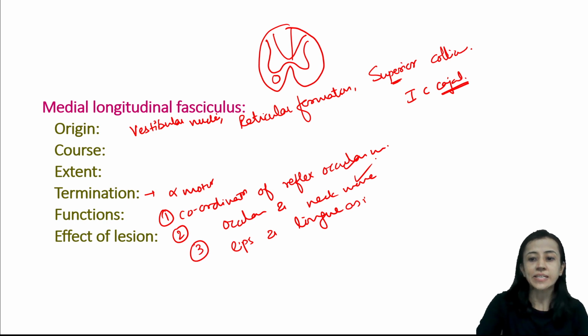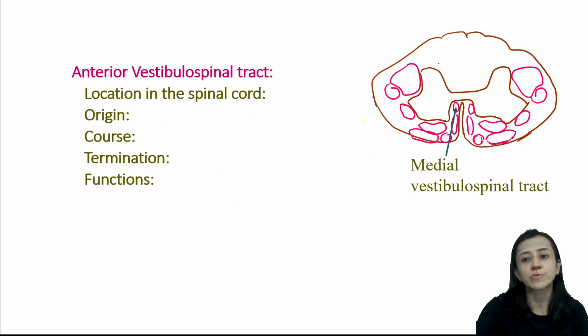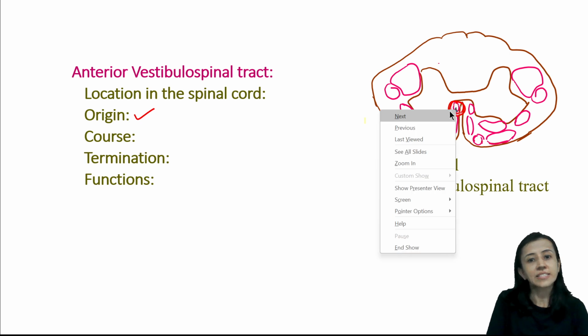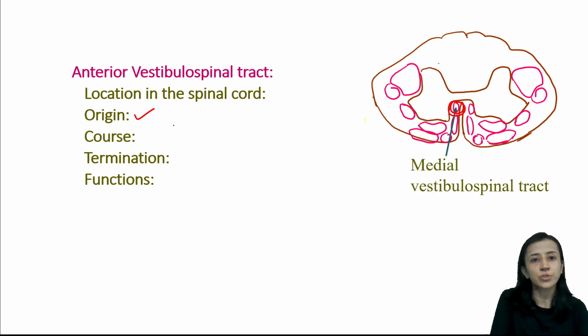Okay. Next extrapyramidal tract, that is anterior vestibulospinal tract. They are located here, you can see. They are located in the anterior white column here. They originate from the medial vestibular nucleus in the medulla oblongata. They run down from the medulla into the anterior white column, and they terminate again on the alpha motor neurons either directly or through interneurons.